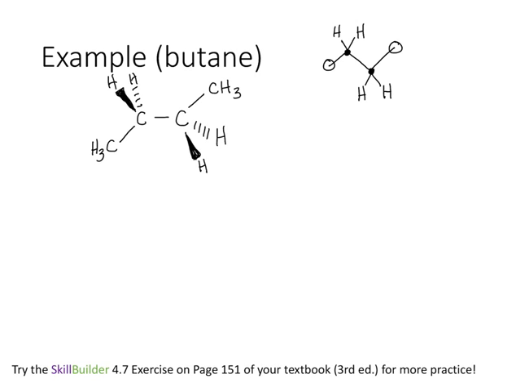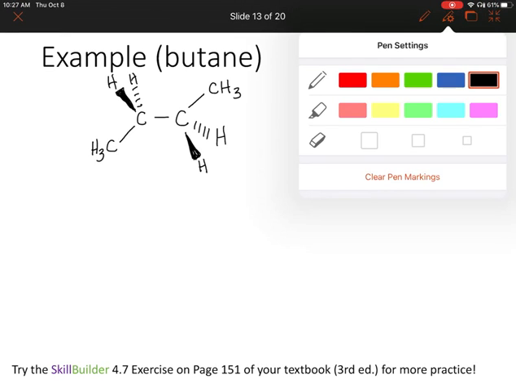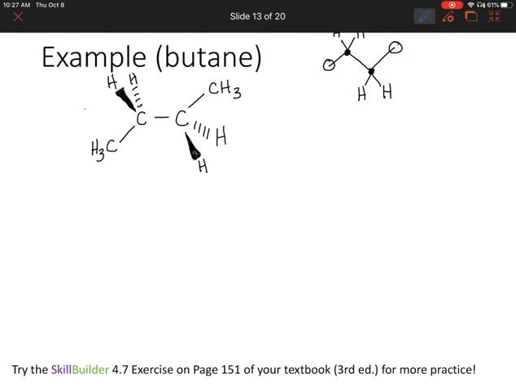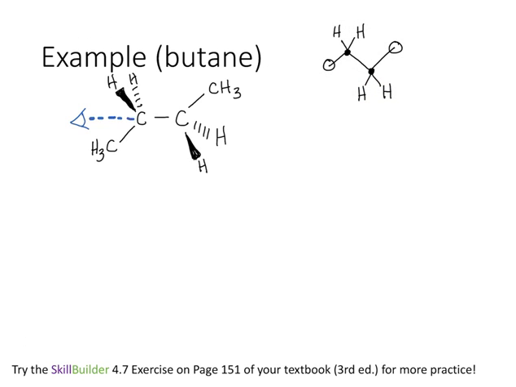Sometimes I switch my wedges and dashes, but whatever works for you visually is fine. Okay, so let's draw that kind of creepy eyeball, and we'll show it looking down that carbon-carbon bond, and then we'll draw the Newman projection.